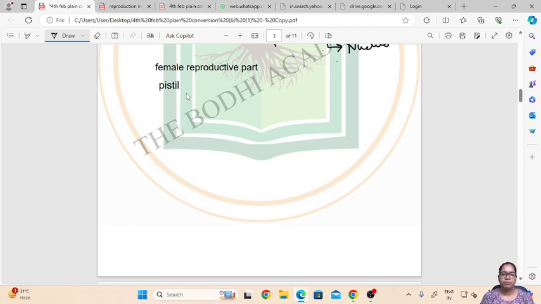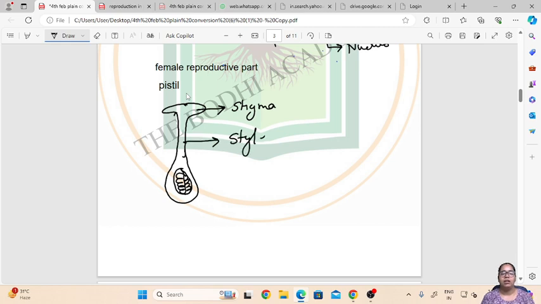The pistil consists of the stigma, then the style, and this is the ovary.